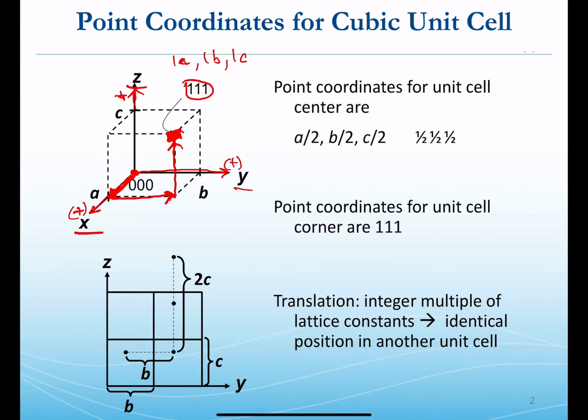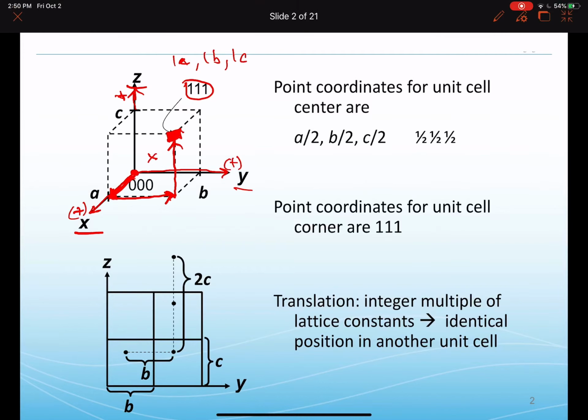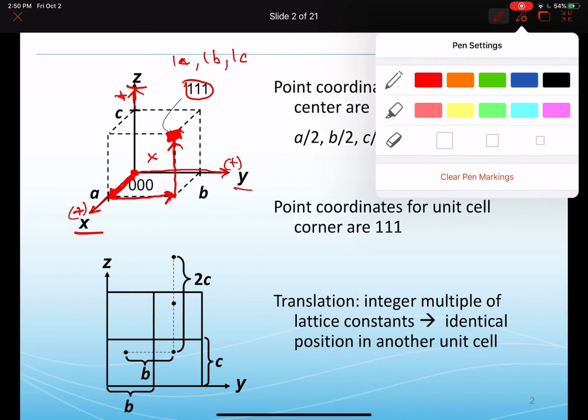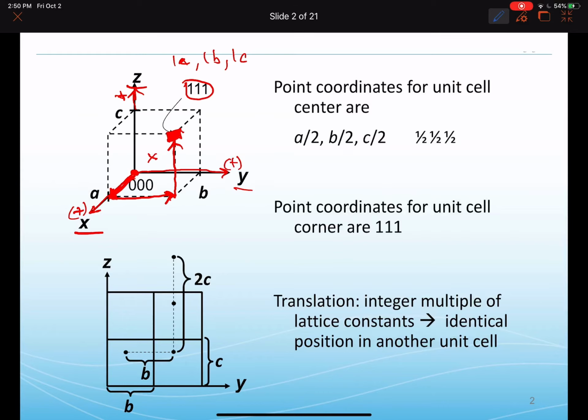We could also ask the question, where is the center of this cell? That's worth considering, so take a minute to pause the video and see if you can settle on that. Okay, so hopefully you're imagining a point in the middle of this cube. By definition, we would have to travel only half of the dimensions that we did to get to our 1, 1, 1.